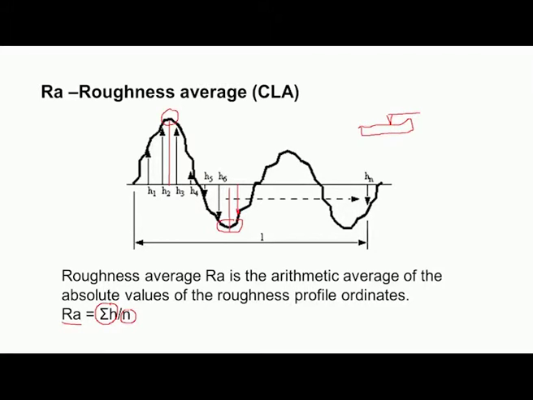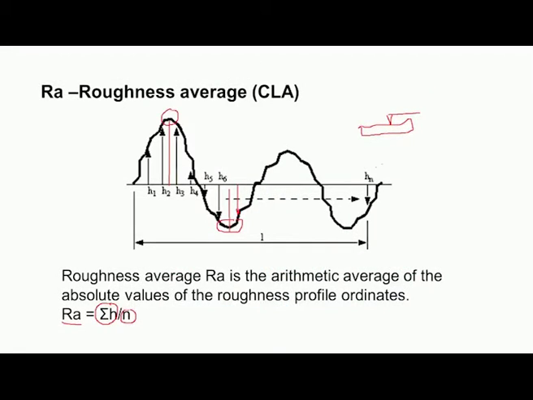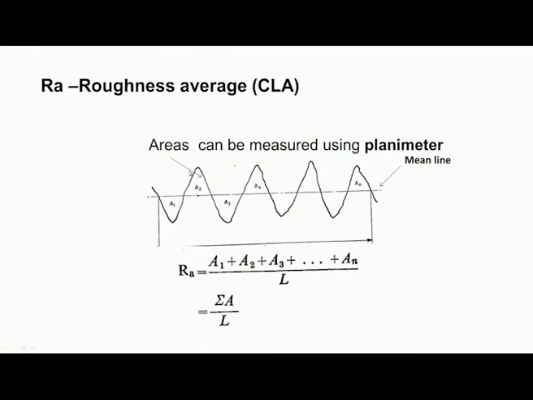So we get a value which is somewhat erroneous. Also it is difficult to draw too many ordinates at very close spacings, and it becomes difficult to measure.